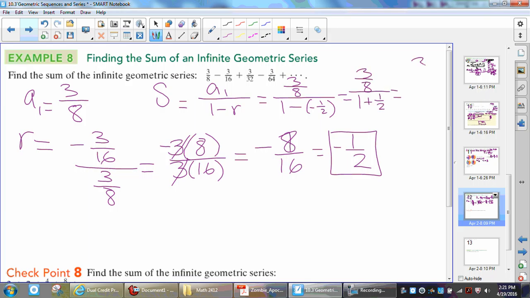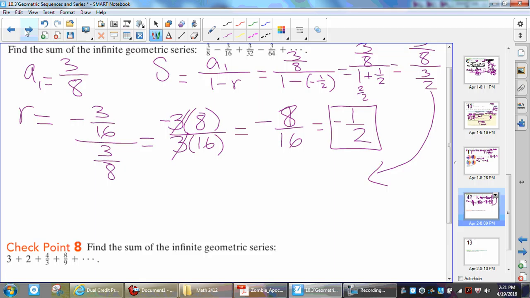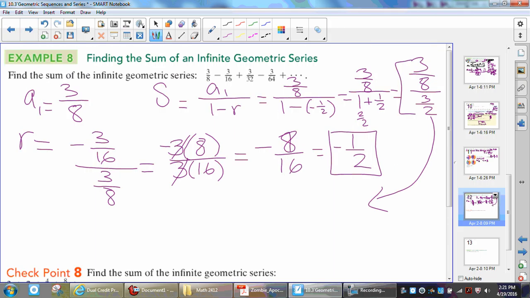So that will be 3 over 8 divided by, here is 2/2, so 3 over 2. Okay, so just to finish this problem here, it will be 3 times 2 is 6, 8 times 3 is 24, 1/4. So yes, that's how you do that.